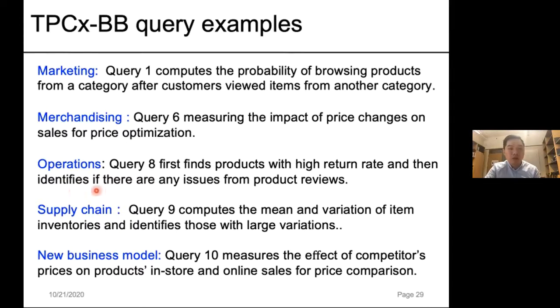For the operations category, query 8 will first find products with high return rate and then identify if there are any issues from product reviews. For the supply chain, query 9 computes the mean and the variation of item inventories and identifies those with large variation. And finally, for the new business model, query 10 measures the effect of competitors' prices on products in store and online sales for price comparison.